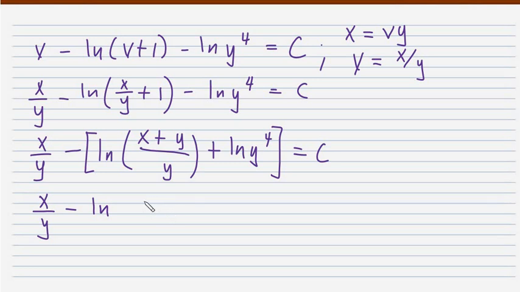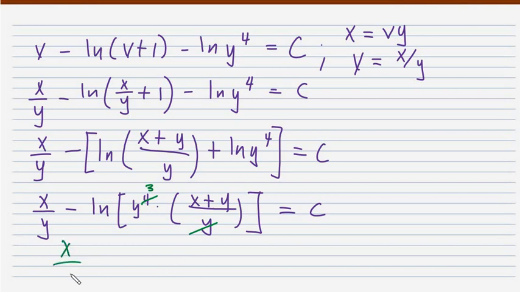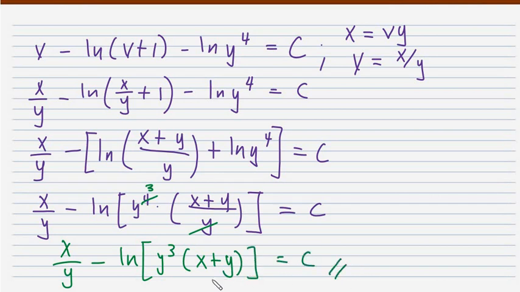So that will now be ln of y to the fourth times (x plus y over y) equals c. So as you can see here, y cancels out. This will become y cubed. And finally, x over y minus ln of y cubed times quantity (x plus y) is equal to c. So that will now be our final answer.